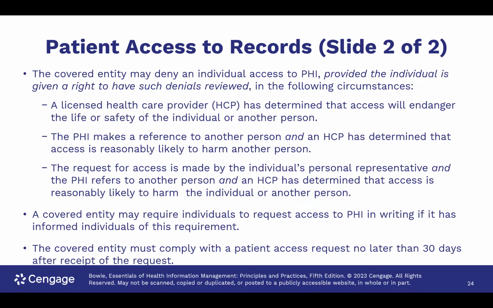PHI makes a reference to another person, and releasing this to the patient may cause the person to harm another person. Or the request for access is made by the individual's personal representative and the PHI refers to another person, and the healthcare provider has determined the access is reasonably likely to harm either the individual or the other person.